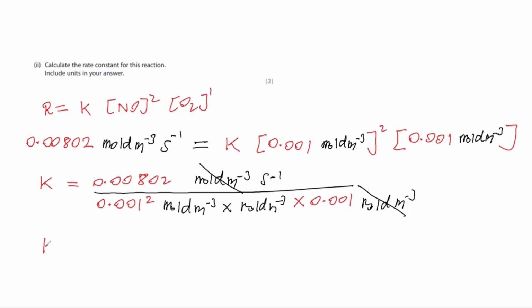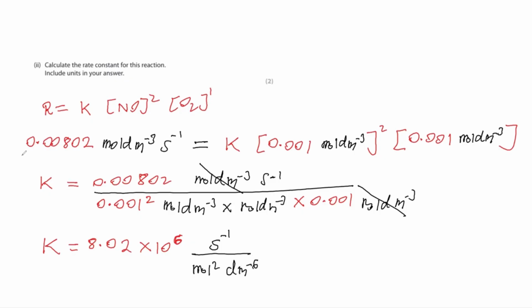Then when I do the simplification, I'll get the rate constant as 8.02 times 10 to the power 6. The unit will be something like this. Per second will remain on the top, and in the bottom we'll have moles times moles, which is mole squared, dm minus 3 times dm minus 3 is dm minus 6.